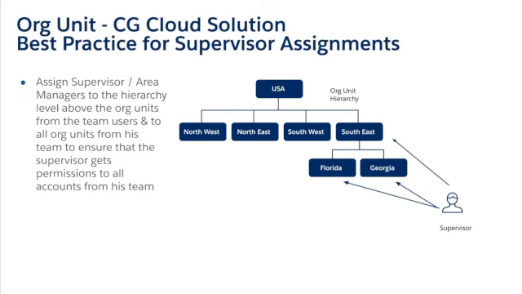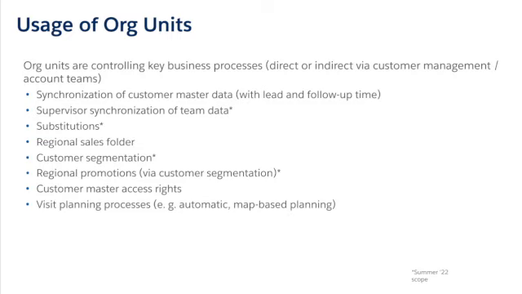Any question? This slide talks about where we are using the org unit concept. And the org unit concept in our advanced model is controlling key business processes. Some of the processes are directly impacted by the org units, while others indirectly, for example, because we are creating the permissions for the account team.